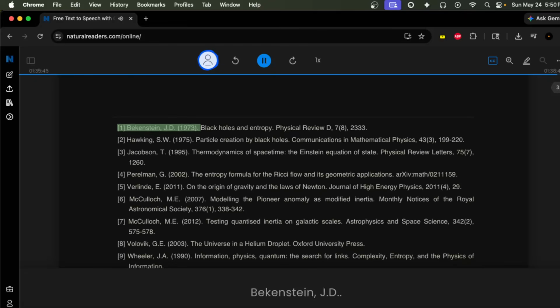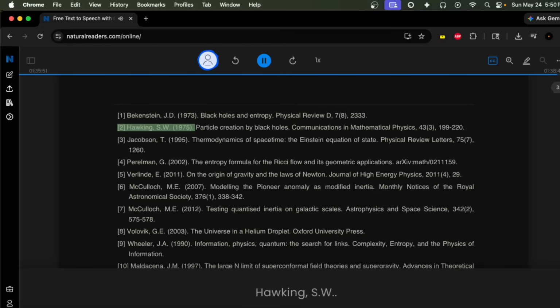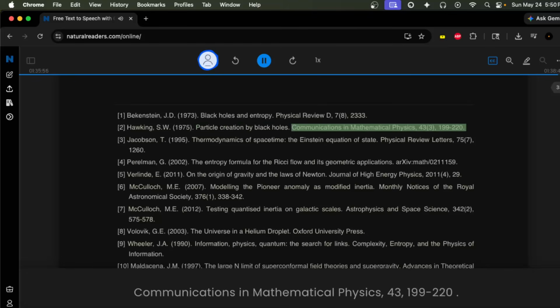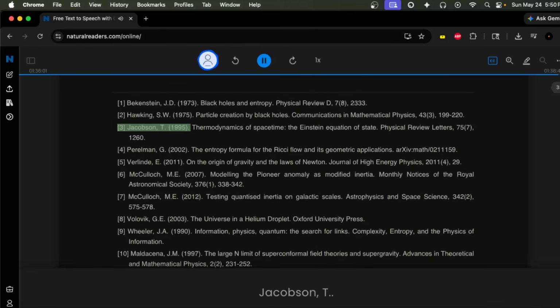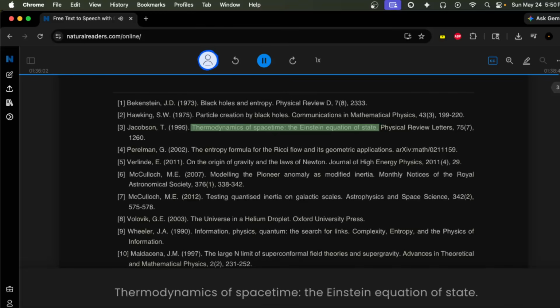References: Bekenstein, J.D. Black Holes and Entropy. Physical Review D, 7, 2333. Hawking, S.W. Particle Creation by Black Holes. Communications in Mathematical Physics, 43, 199-220. Jacobson, T. Thermodynamics of Spacetime, the Einstein Equation of State.